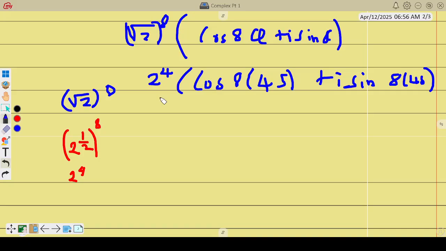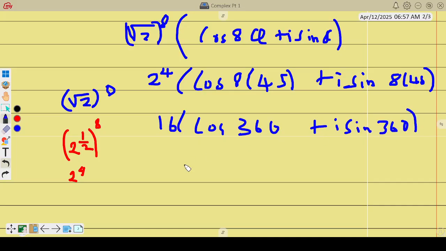So what is 2 power 4? We're going to get 16. So it is 16 cos 360 plus i sine 360. What is cos 360?